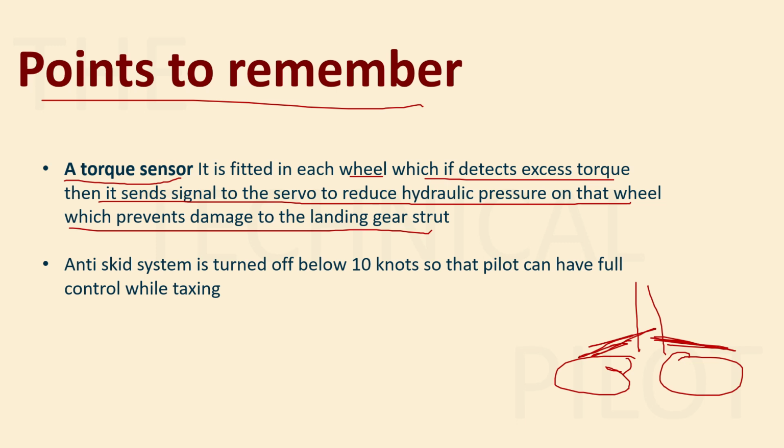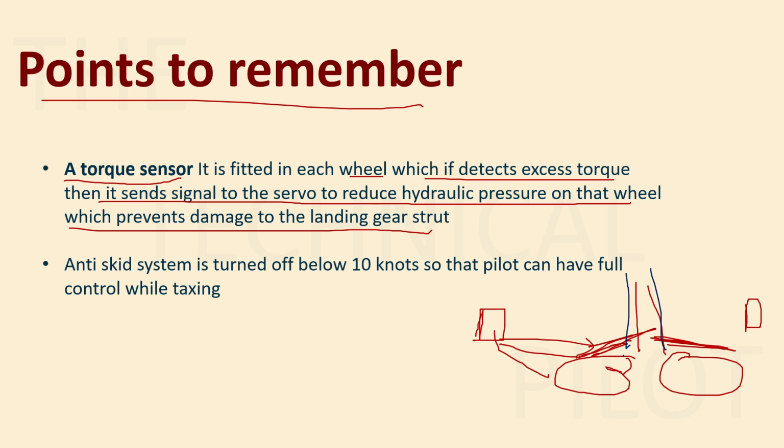So a torque sensor is actually a sensor which is fitted on each wheel. Each will have its own torque sensor. What these torque sensors do is they measure the amount of torque being felt on the landing gear, right? So this torque will be calculated, and if it exceeds a certain limit which could damage the landing gear strut, this strut can get damaged.